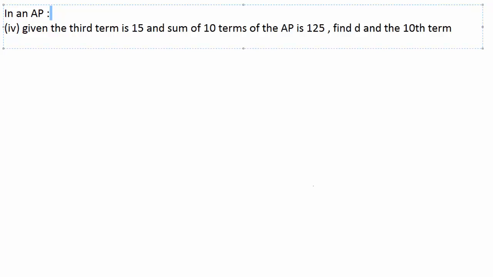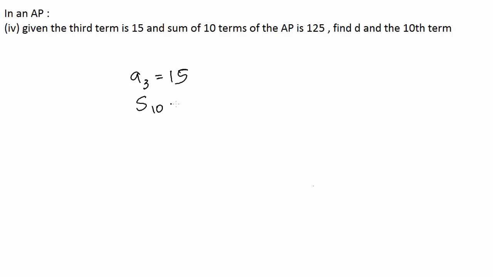So it's given A3 is equal to 15 and S10 is equal to 125. They want us to find the value of d and the value of A10.